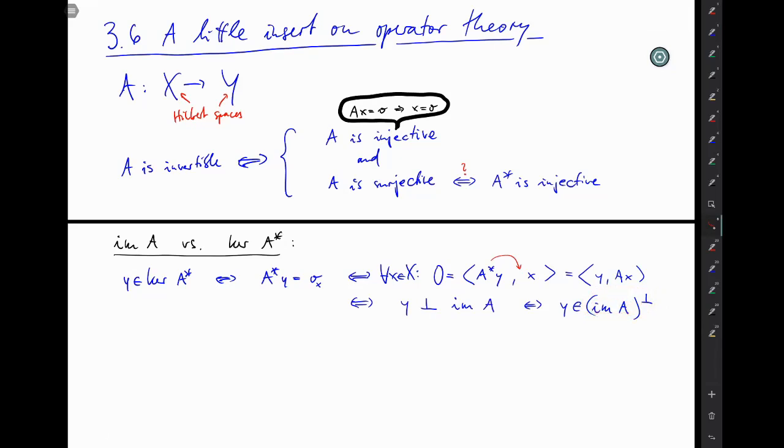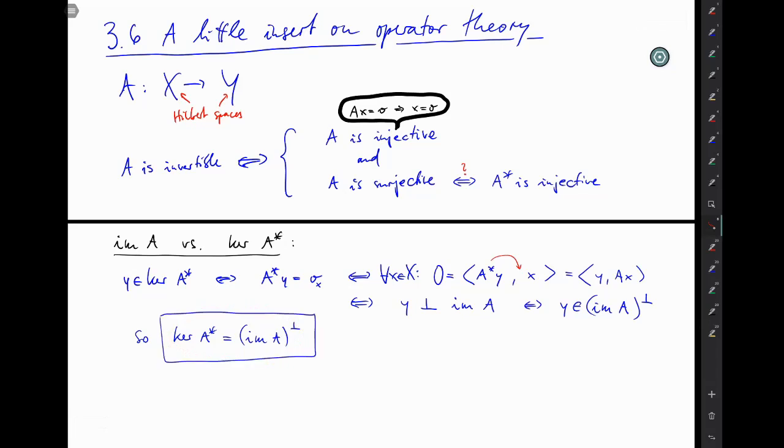So we just derived this chain of equivalences where y is in a first set if and only if y is in that second set, but that must mean the first set equals the second set. And if you did singular value decomposition in your linear algebra course, then you might have seen this equality before.